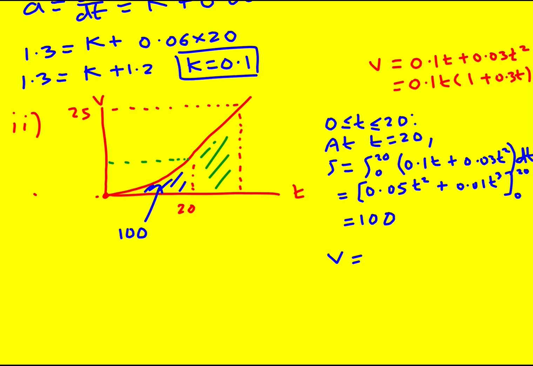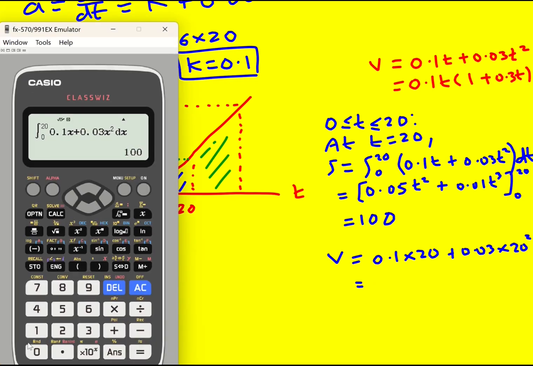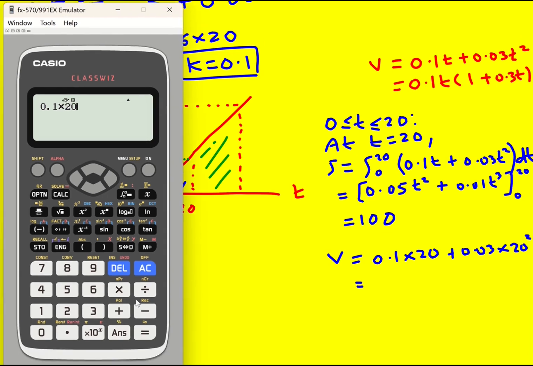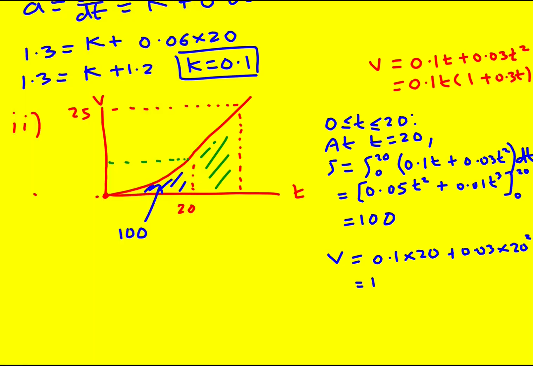So it's going to be 0.1 times 20 plus 0.03 times 20 squared. So put it in. We're going 14 meters per second.